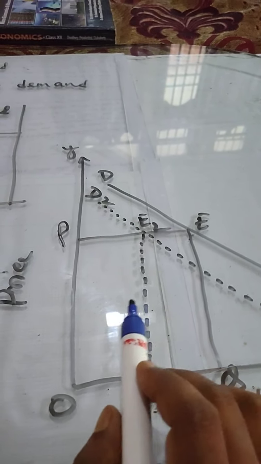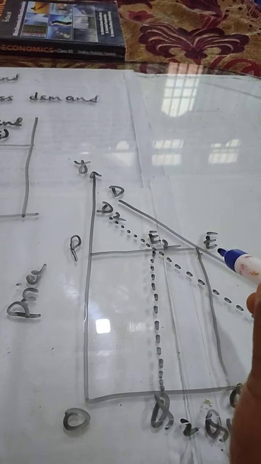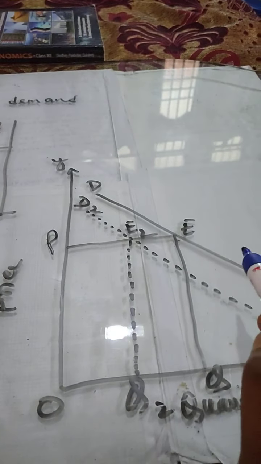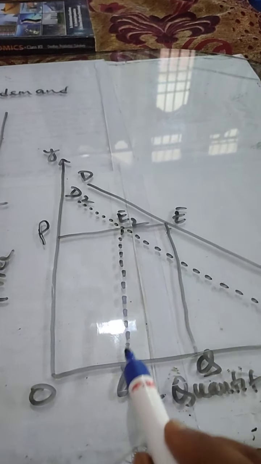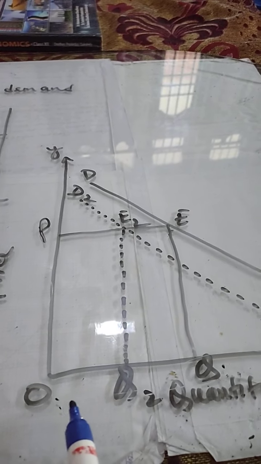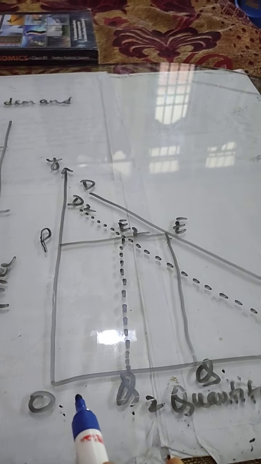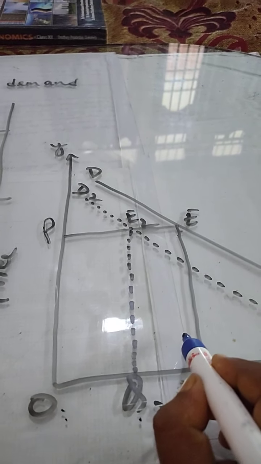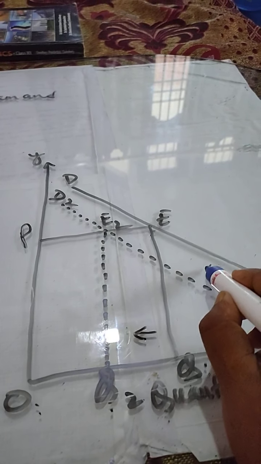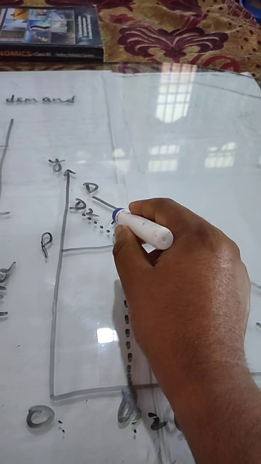Next, without any change in the price, that means when the price of the commodity is the same, there is a change in the demand for the commodity from OQ to OQ2. This is OQ, the original demand for the commodity. Now this is OQ2, the new demand, and there is a fall in demand for the commodity, and as a result the demand curve shifts leftward from DD to D2.